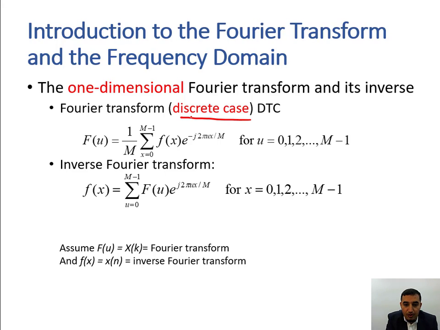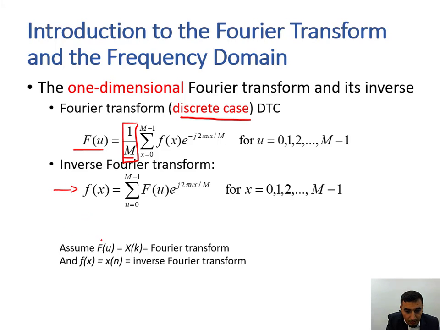The Fourier transform for a discrete signal is F(u) equals 1 over M, where M is the number of pixels, times the summation from x equals 0 to M minus 1 of f(x) e to the minus j 2 pi ux over M. And this is the inverse Fourier transform.